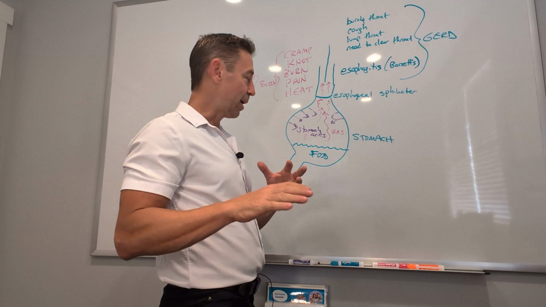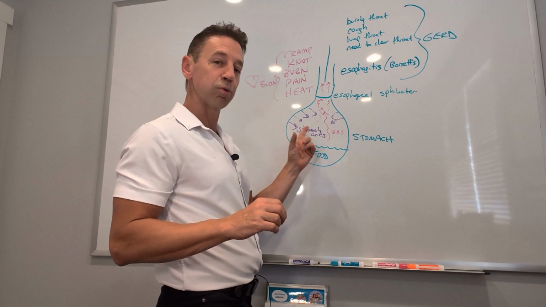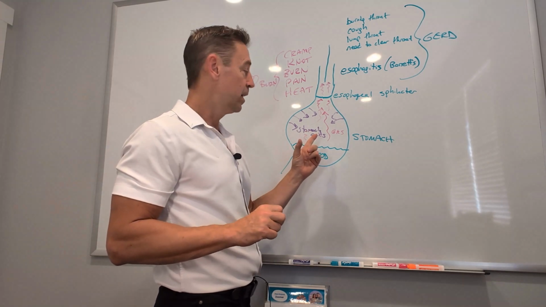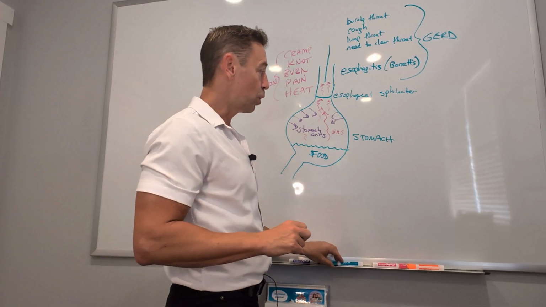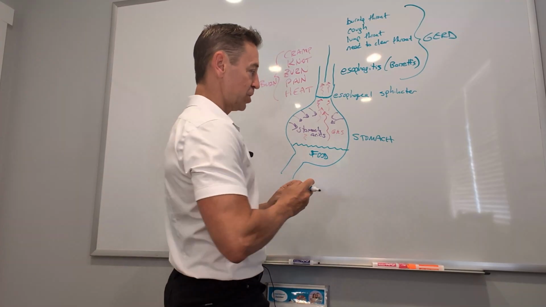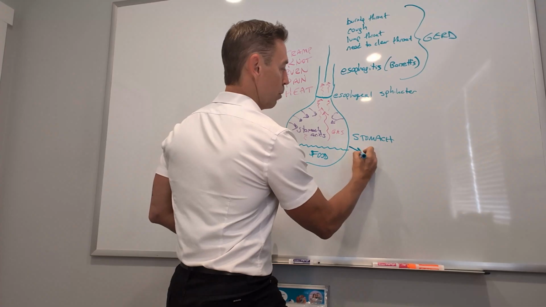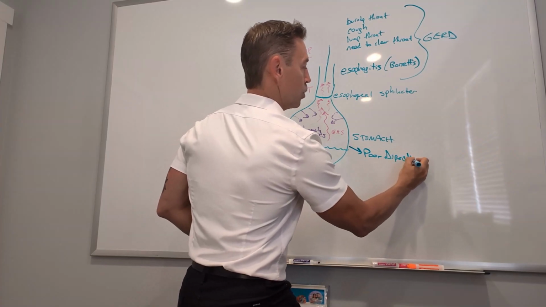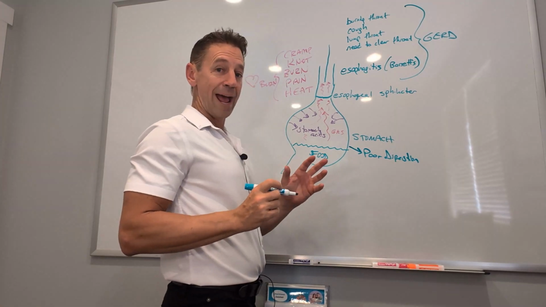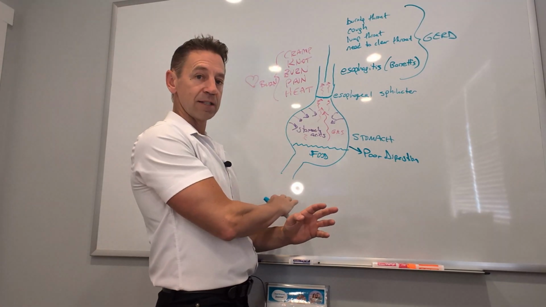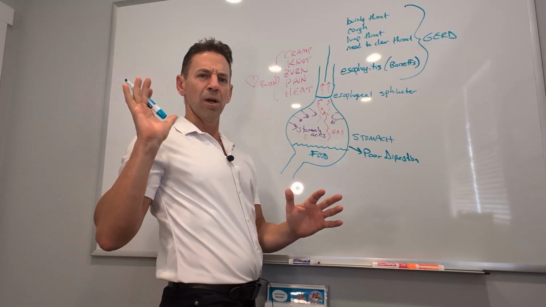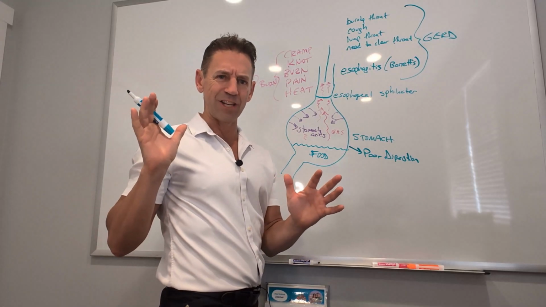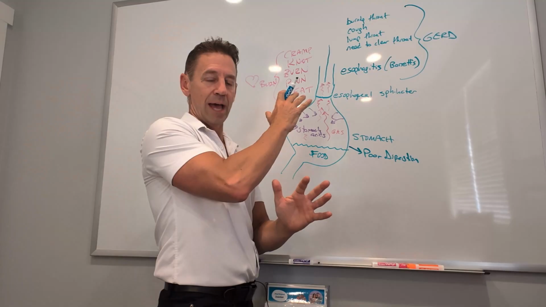Before we dive into that, one thing I also want to mention here is the problem with not digesting your food is the long-term effects of you don't get enough digestion. You get poor digestion, so you're pushing undigested food now down into your small intestine. Your small intestine then says, whoa, what's going on here? We're not supposed to digest any of this. You're supposed to be doing that, stomach.